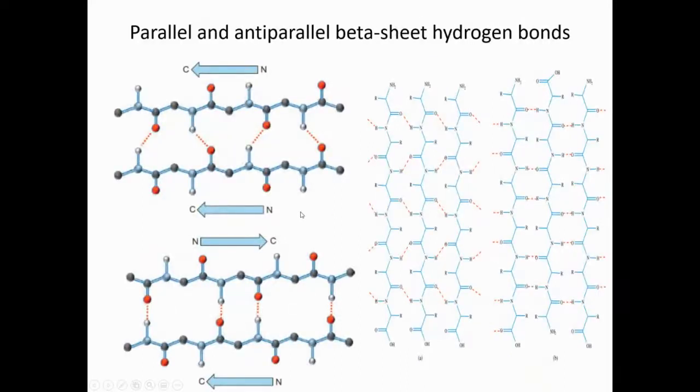And then the beta sheet. Basically, in the beta pleated sheet the peptide backbone is almost completely extended, just like this, extended, all right? And then they form this hydrogen bond within the peptide backbone.